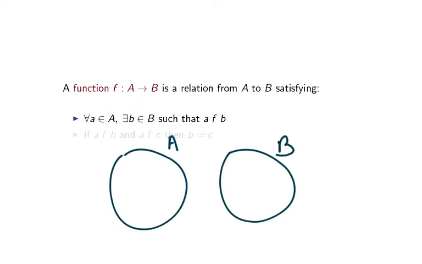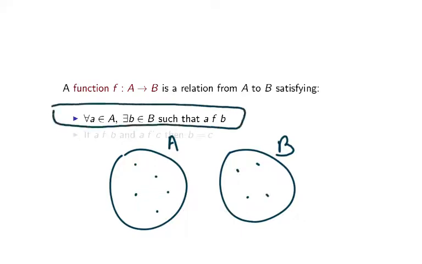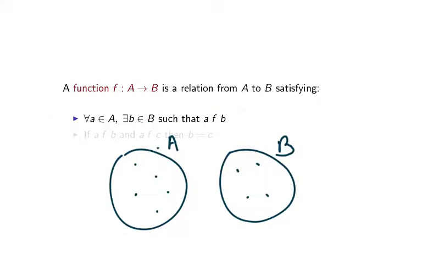If we draw the Venn diagrams in general of a function, and we have the elements here of A and the elements of B, what this property is saying about the relation is that all the elements in A should have something to which they relate.